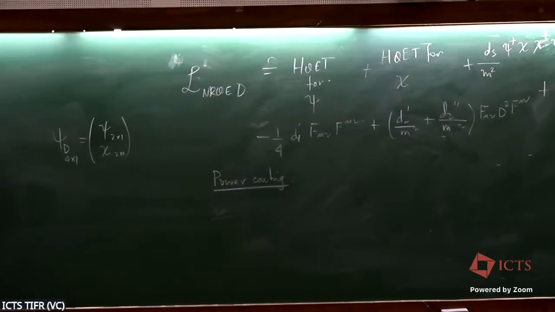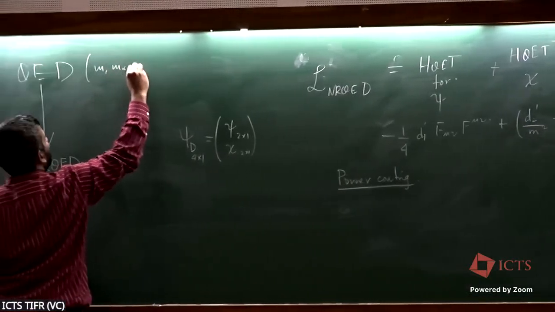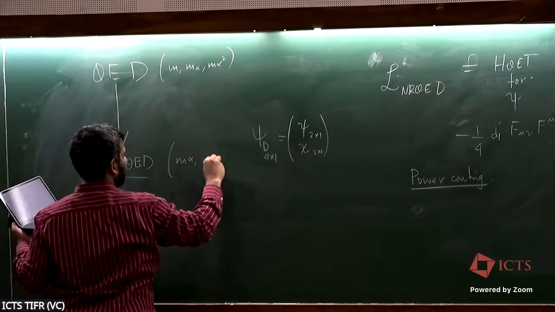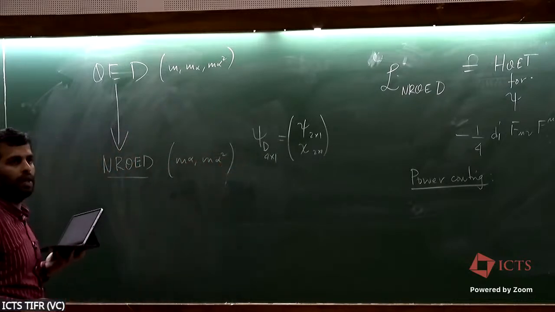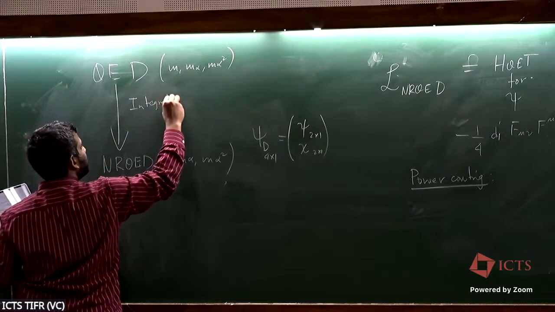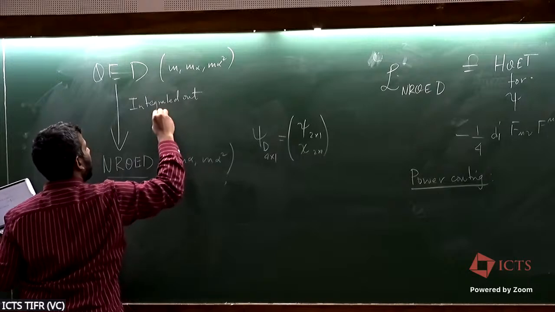Here I had scales M alpha, M alpha square. Here I have M alpha square. I have integrated out M.